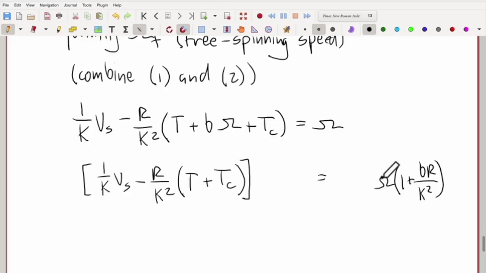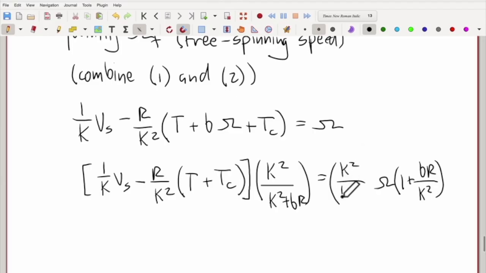And now I'm going to multiply by the same thing on both sides to get some simplification here. I'm going to multiply by k squared over k squared plus Br. Same thing on this side, k squared over k squared plus Br.